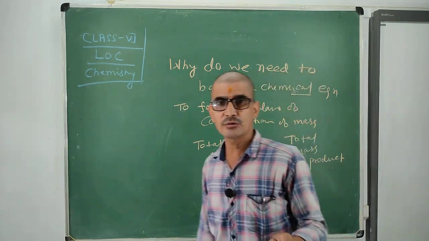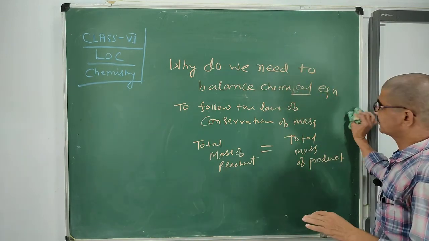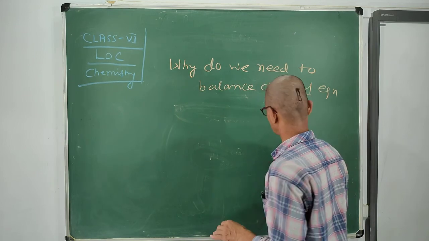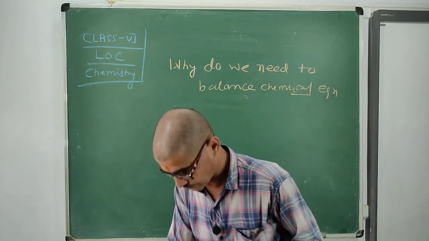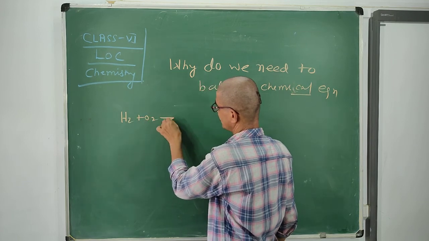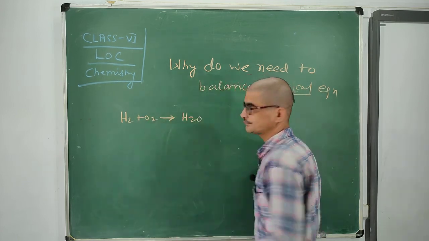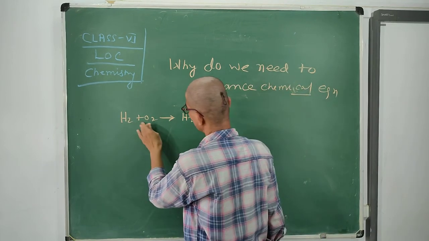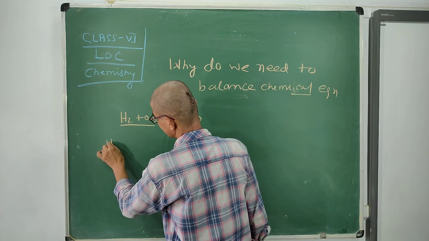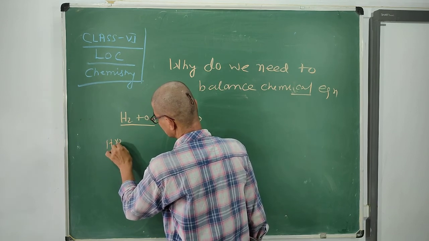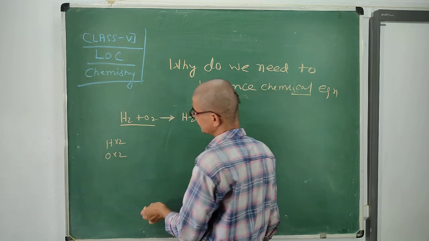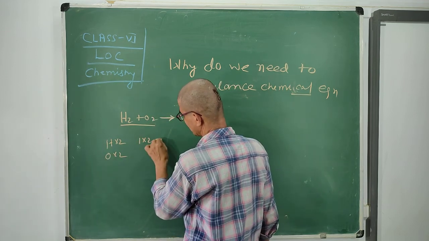This can be made clear with the help of an example. I'm going to take an example: hydrogen plus oxygen to form water. Mass of reactant: H times 2 and O times 2. Mass of hydrogen is 1, so 1 times 2 equals 2.